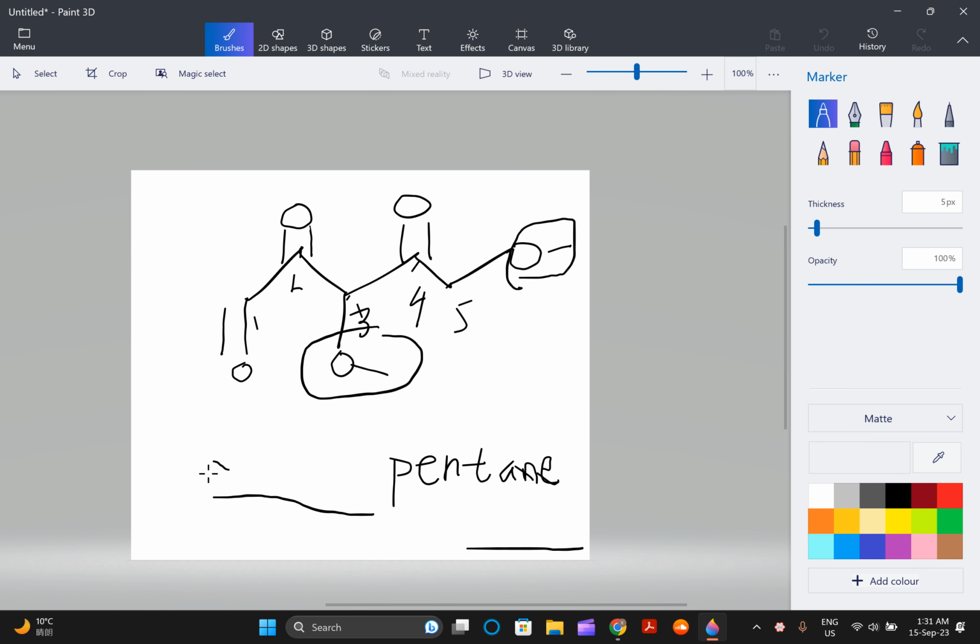So just quickly write this down. Dimethyl pentane. And lastly, we are going to go through the main chain.